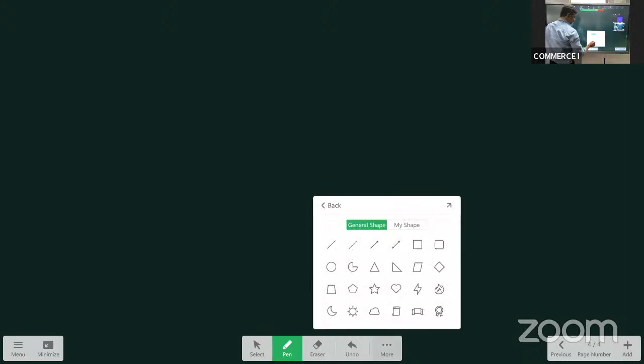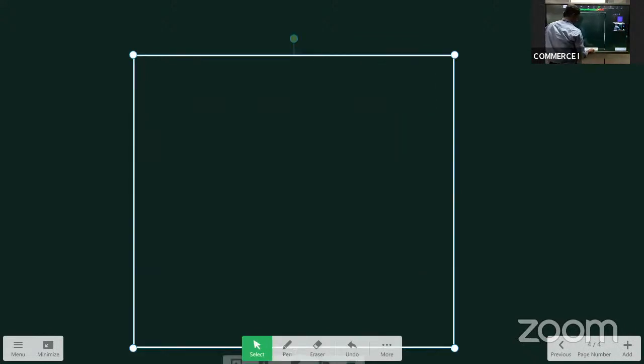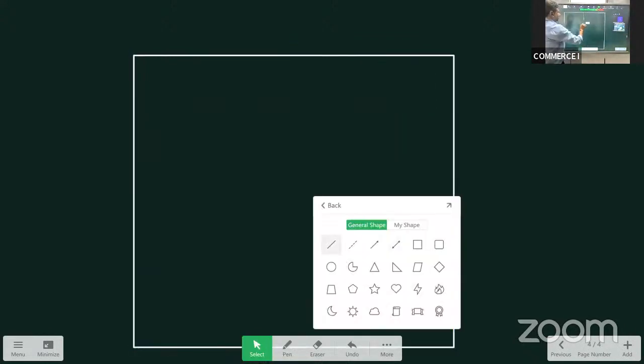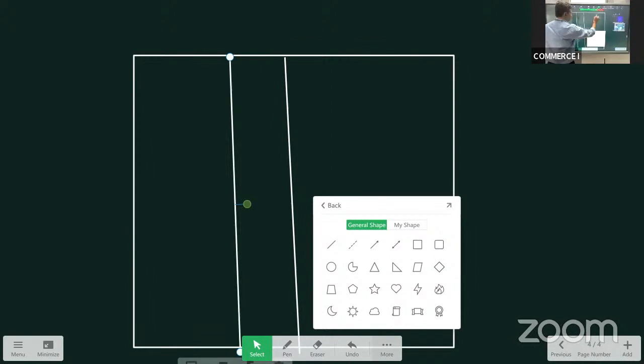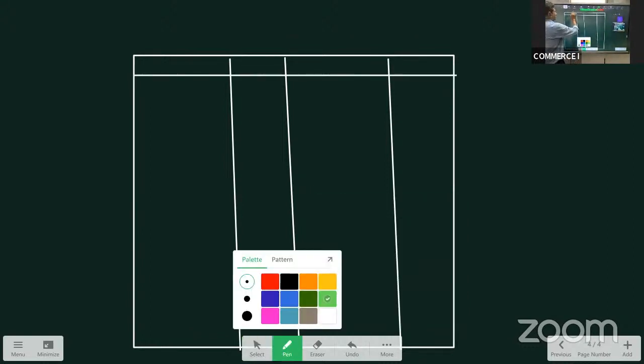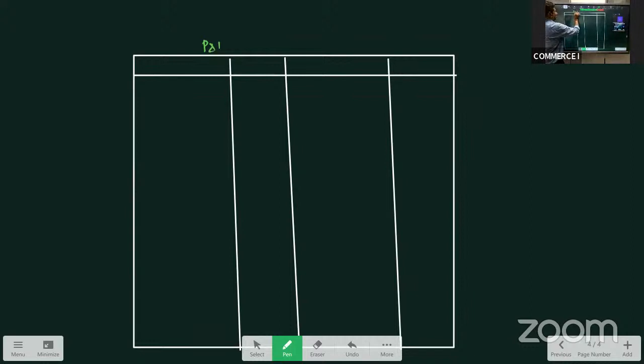Let us get ready with the format. If the name of the firm is given, we have to write the name.